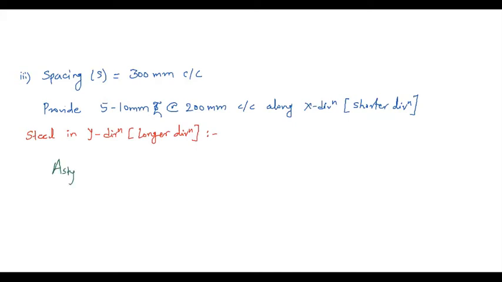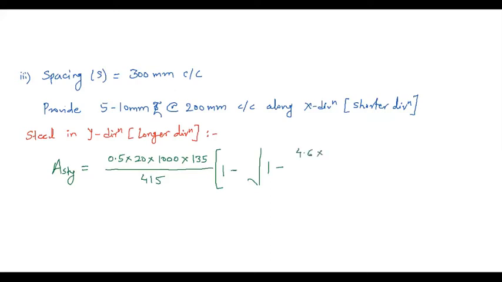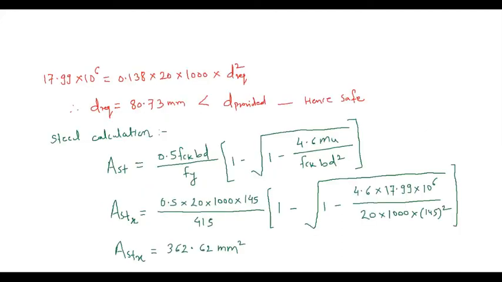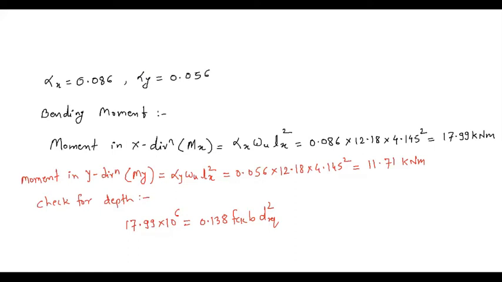Here ASTY is equal to, instead of writing formula, I will directly write the values. 0.5 FCK B into D, how much is the depth? 138 or 135, divided by 415 here in the bracket, 1 minus square root of 1 minus 4.6 into what was the bending moment in y direction? It is 11.71.